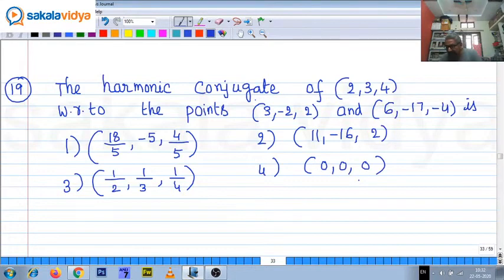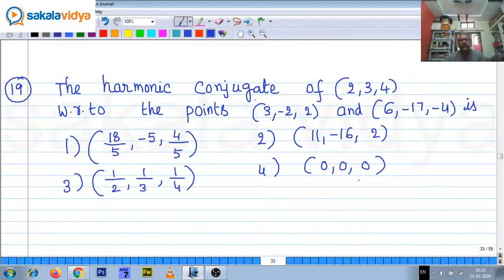Okay, let me explain the concept of this harmonic conjugate. I won't go into detail because we have less time. First we need to find at what ratio (2, 3, 4) divides the line segment joining the points (3, -2, 2) and (6, -17, -4). First you find the ratio.